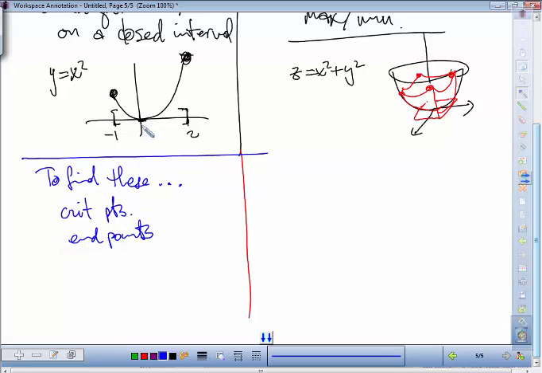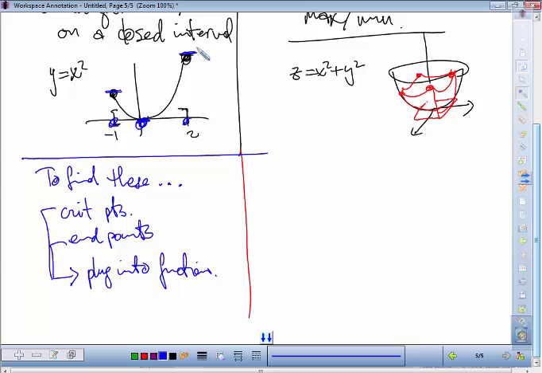Then we plugged them into the function to determine what your heights are, and then you decide which one's your least and which one's your greatest. That would be your global max or min. So the same idea is going to go for here.